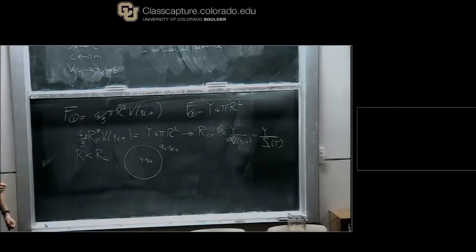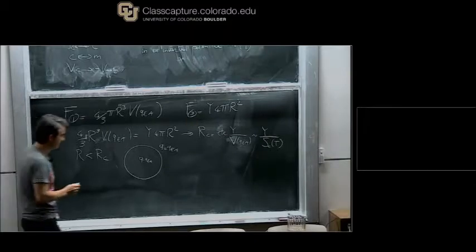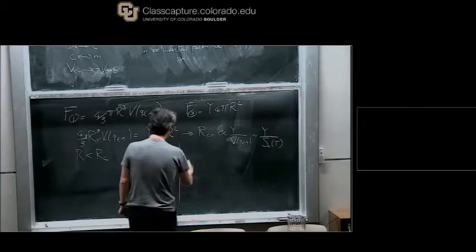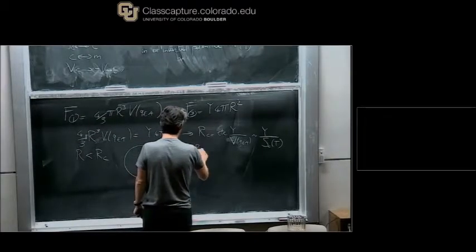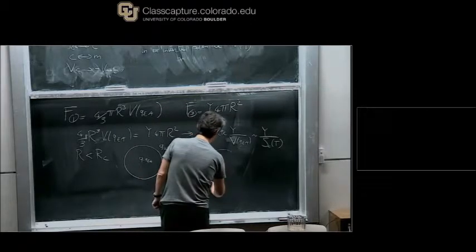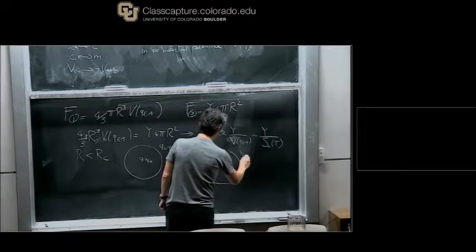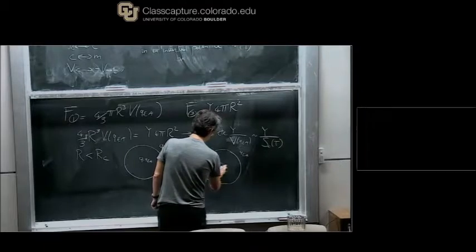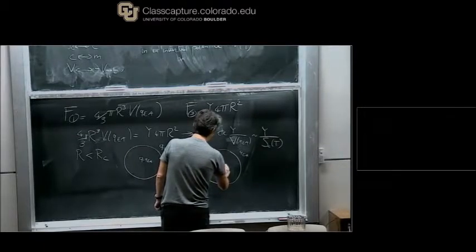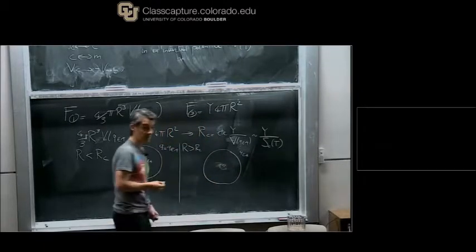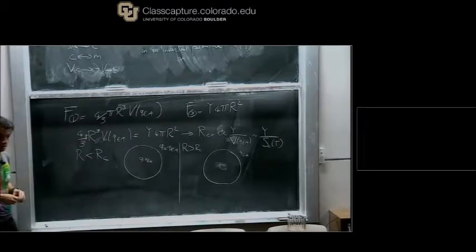Okay? And instead, if R is larger than R_C, let's say much larger, then if I fix Q_EA outside, I will get 0 inside. Q equals 0 in the center of the cavity. Okay?